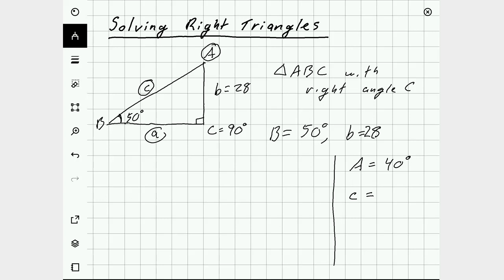So I'm going to look at angle B, side little b, which is the side I know, and side little c, which is the side I said I was going to solve for. Well, compared to angle B, that's the opposite side and the hypotenuse. And the trigonometric function that relates the opposite side and the hypotenuse is the sine.